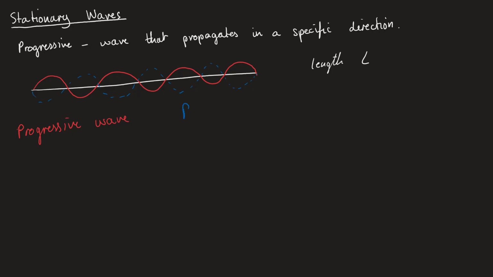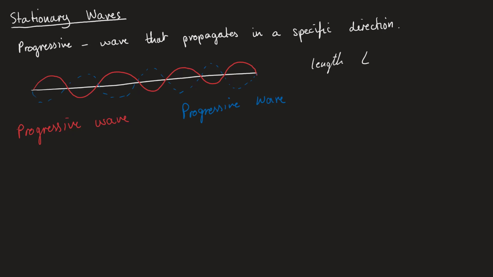The blue wave is also a progressive wave, because it's going to get reflected and move backwards, so it's not going to form instantaneously and then destructively interfere completely so that we have no wave. That's not how stationary waves work. As the red wave travels in this direction and the blue wave travels in this direction, they superpose.